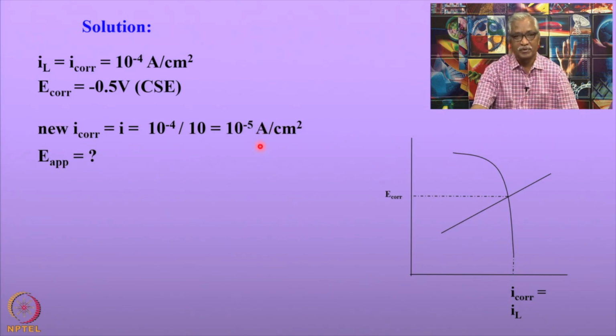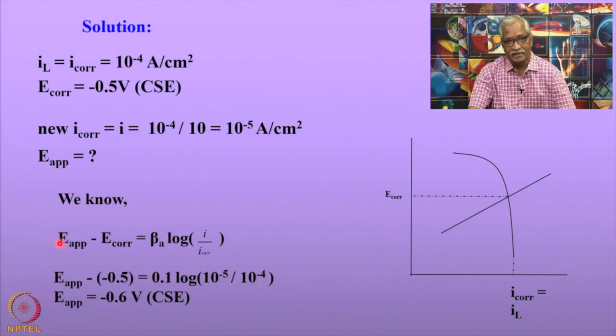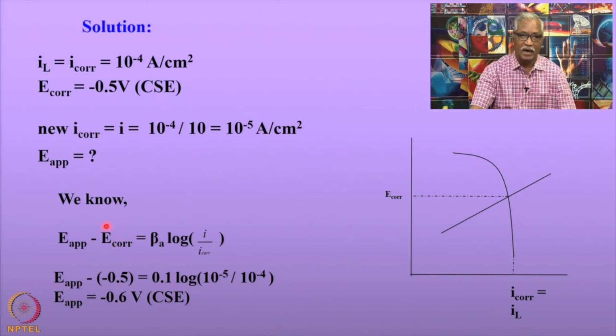So, we again use the Tafel relationship, that is the governing relationship for determining the potential for a given current density. I have replaced here E applied and E car, because we are moving from E car to E applied, and E car here corresponds to the potential where the metal dissolves at a current density of I car here.